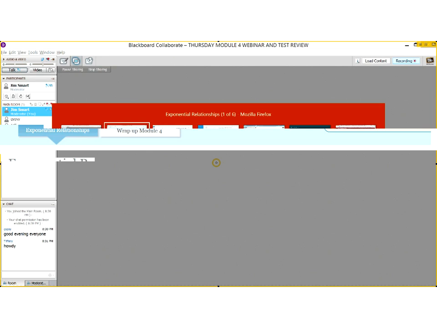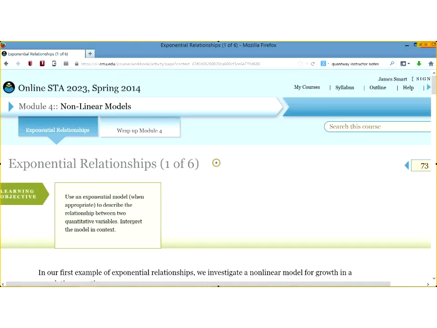So I'm going to attempt now to share my OLI here. Let's see here. All right, can everybody see my OLI screen?